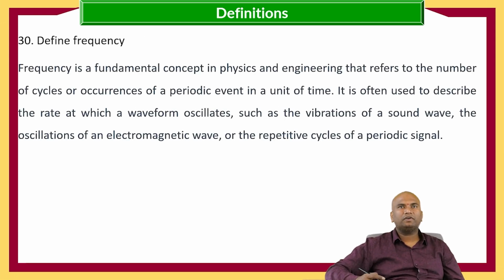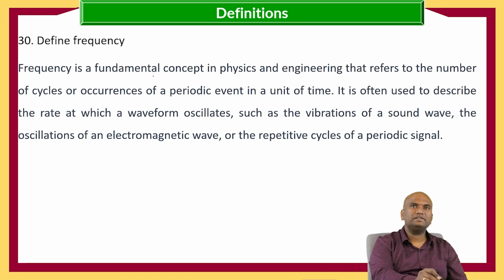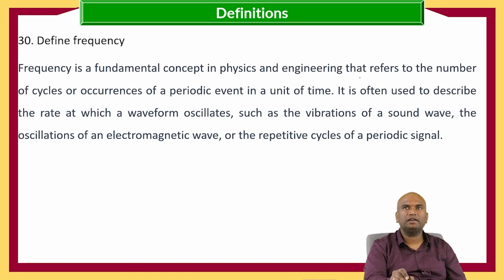Next, define frequency. Frequency is a fundamental concept in physics and engineering that refers to the number of cycles or occurrences of a periodic event in a unit of time.